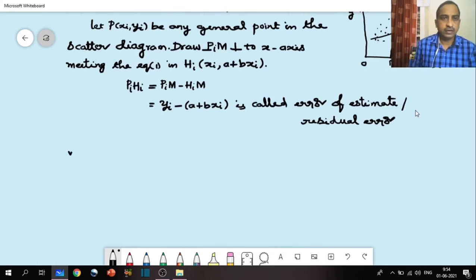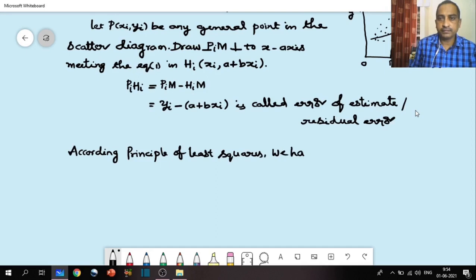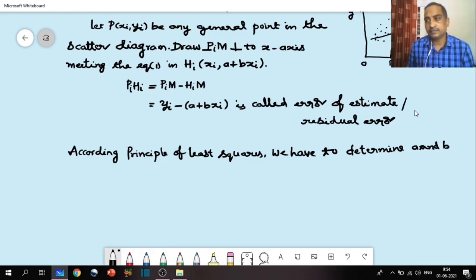So now according to the principle of least squares, we have to determine a and b, right?